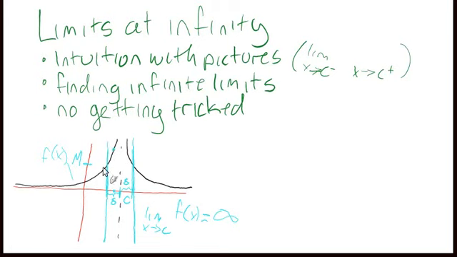The output's going to be bigger than m. That's a really complicated, fancy, well-defined way of saying that both of these sides of this function get really big, and they don't come back down. They don't do anything weird. They just shoot off to infinity.